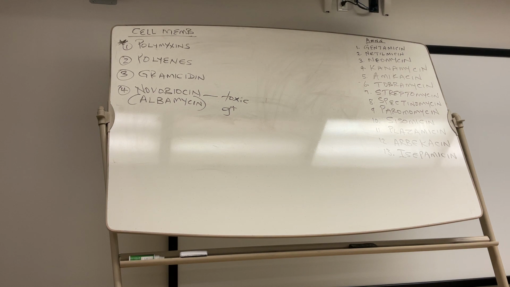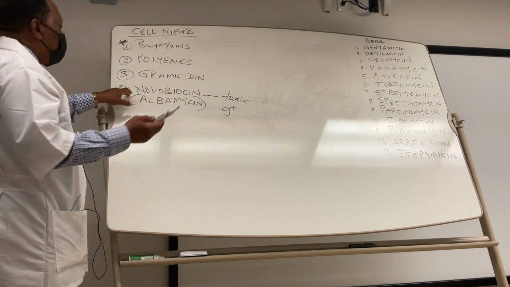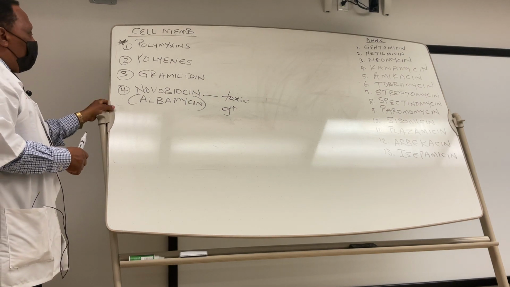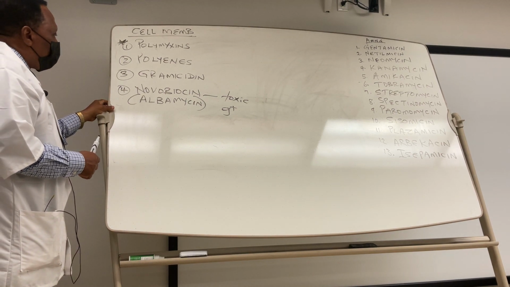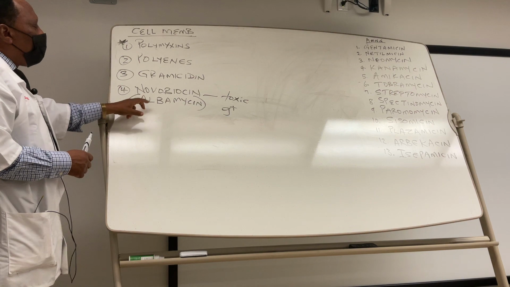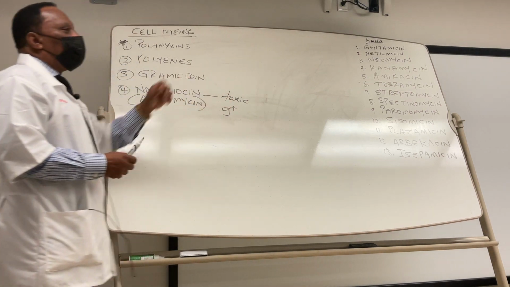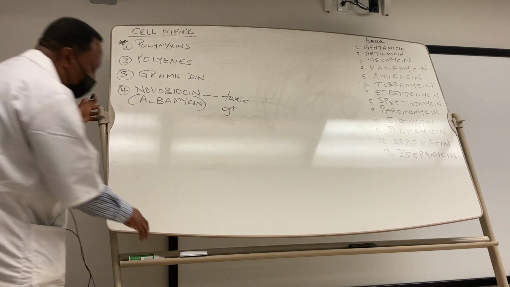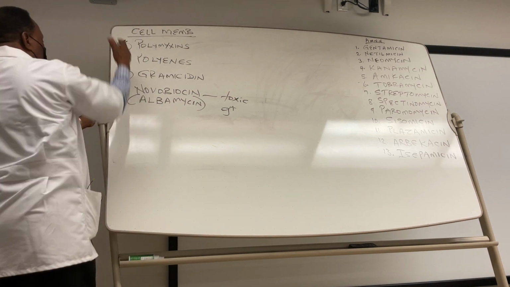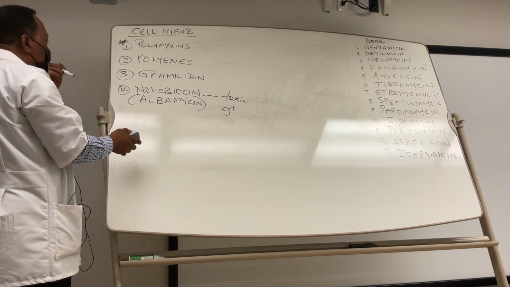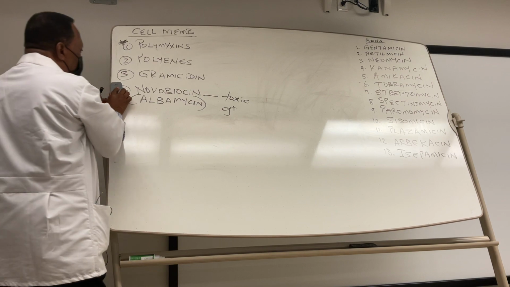It just works on gram-positive organisms, particularly gram-positive cocci. But like I said, it's not used frequently because of that severe toxicity on the skin. But it works on cell membranes. That's all we're going to actually say on novobiocin.